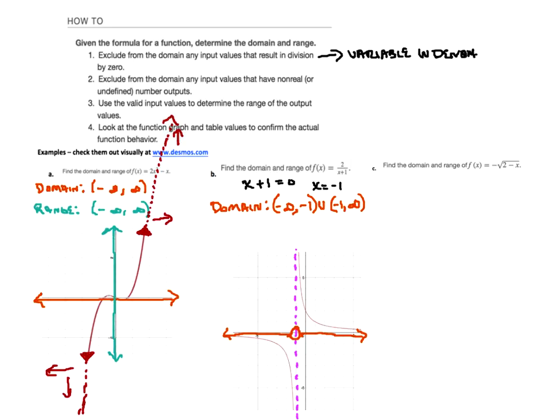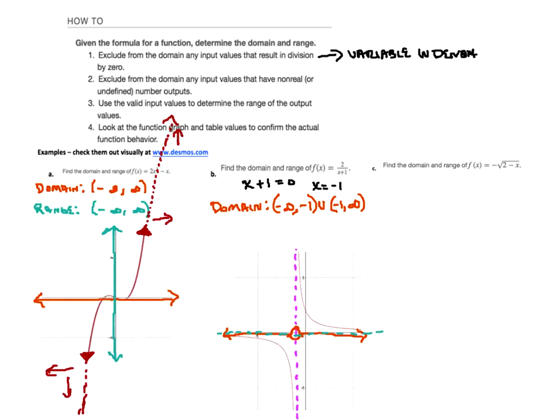My range, okay, so I also do not exist at a y value of 0. You can see it runs close to the x-axis, but it's never actually going to get there.